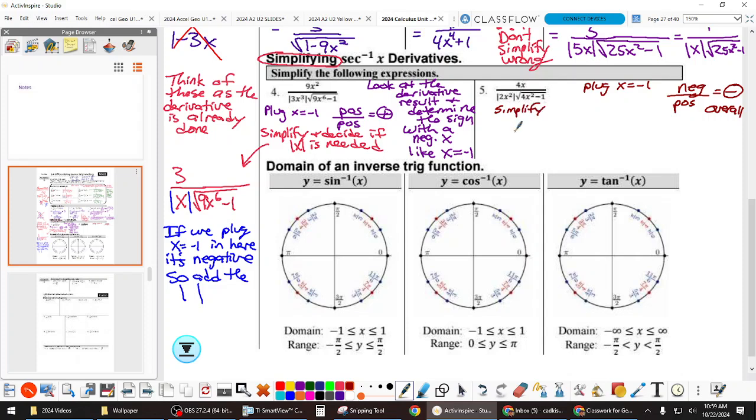So what do we end up with there? 2 over x. 2 over x. Square root of 4x. Yeah. Okay. Re-plug in -1 now. So 2 over -1 is negative.